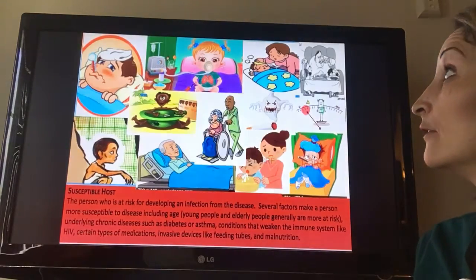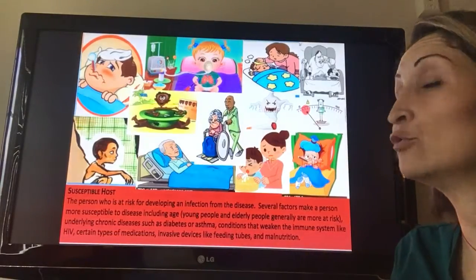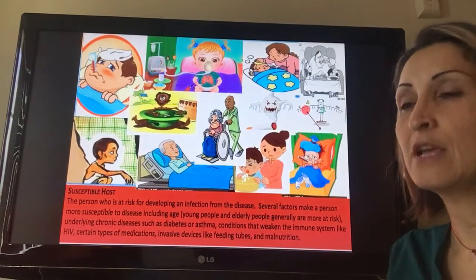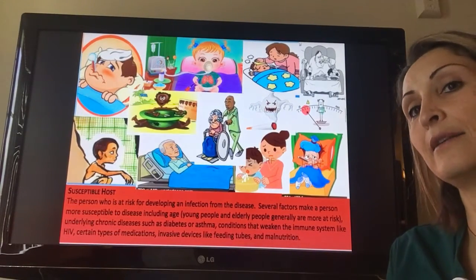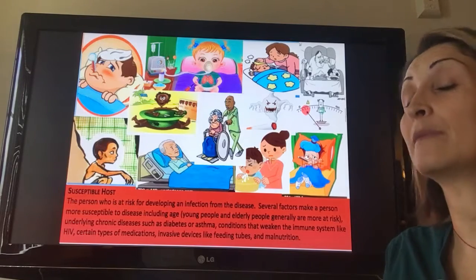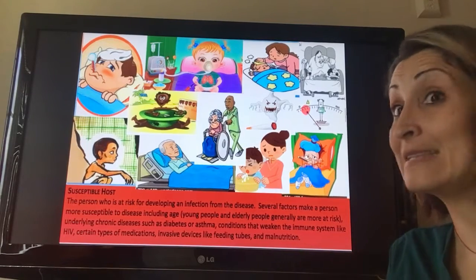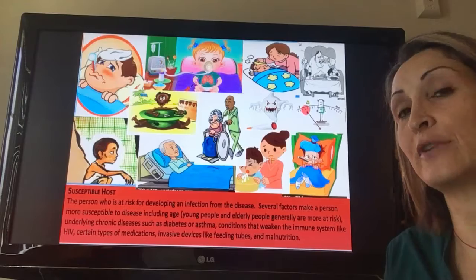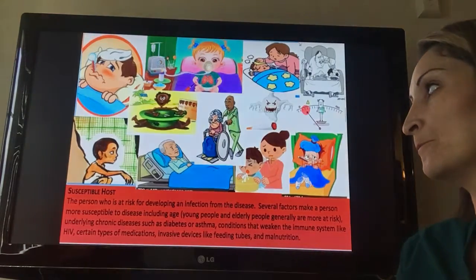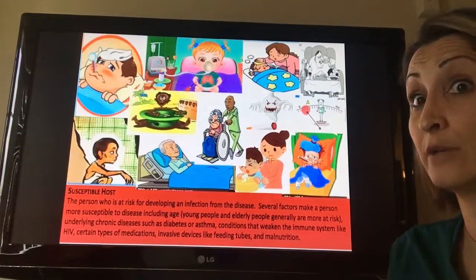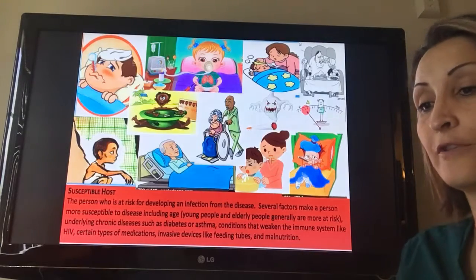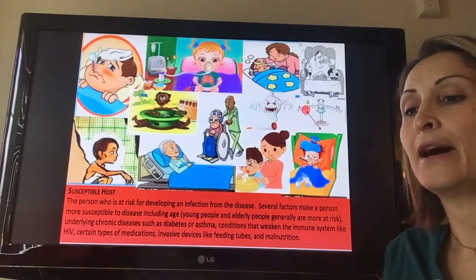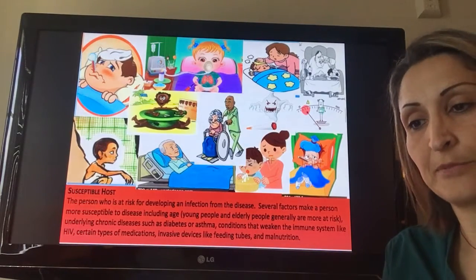This means that their immune system is deficient, so they can contract that pathogen more easily than a person that has a good immunity response. So the final link of the chain of infection is the susceptible host.